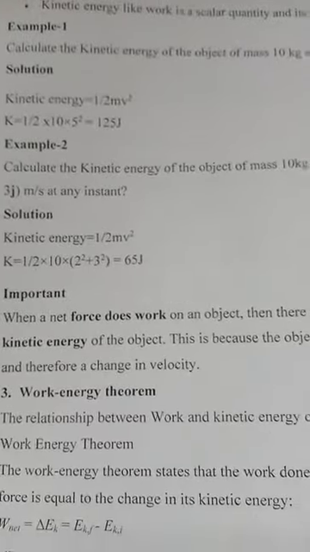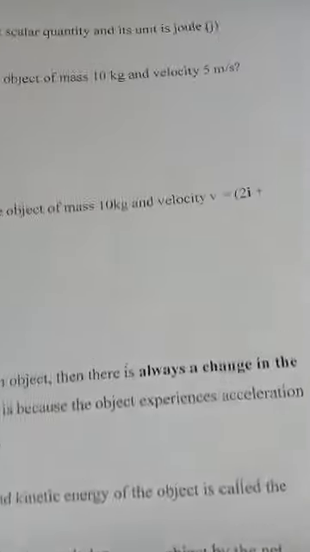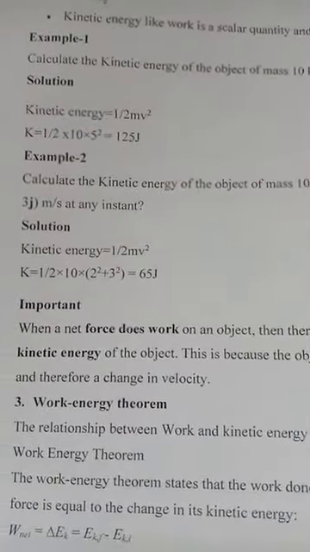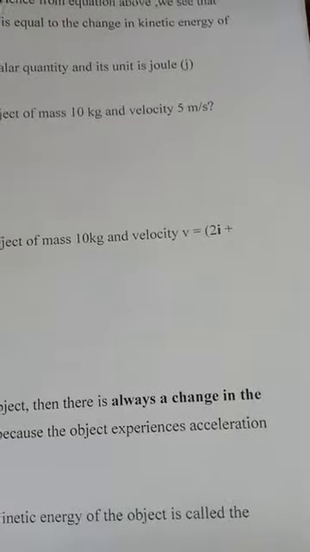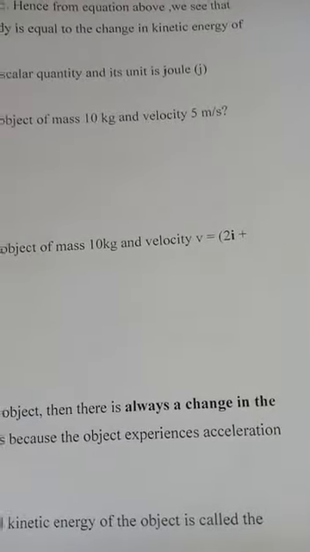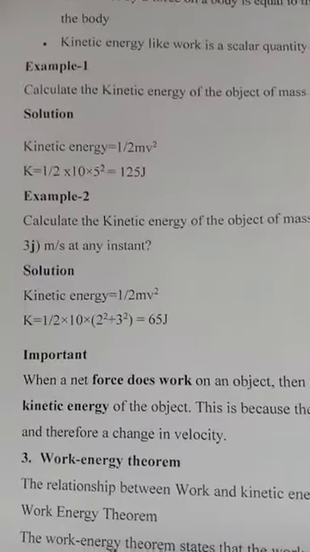The other is to calculate the kinetic energy of an object of mass 10 kg and velocity 2i plus 3j meter per second at any instant. So the velocity here is given in component form, or vector form. Keep in mind that the velocity should be in magnitude. So here we can calculate the kinetic energy as follows.